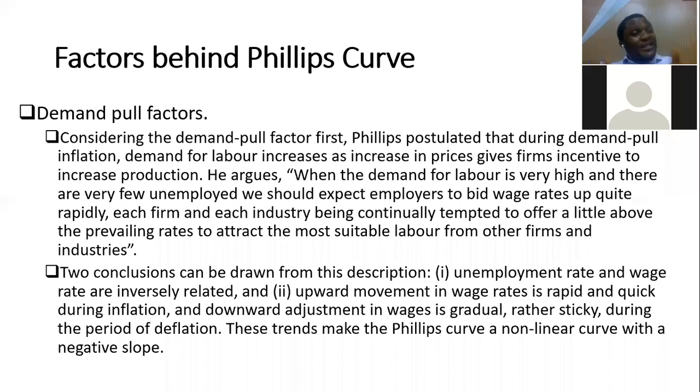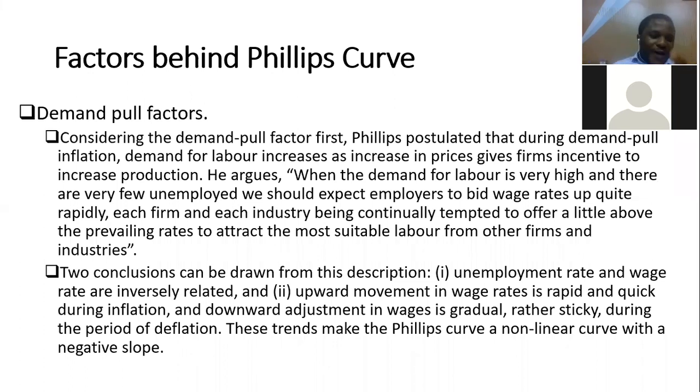So growth rate in wage and inflation rate can be used interchangeably. When you get to year 4, it will be segregated. You will see that Phillips equation; they will derive it for you in year 4. But now I can use the growth rate in wage rate and inflation rate interchangeably.